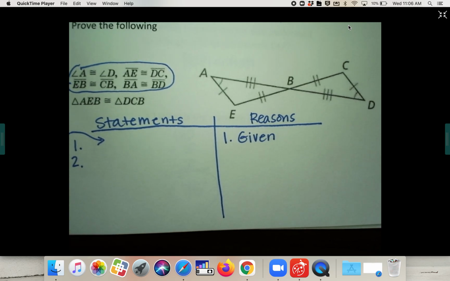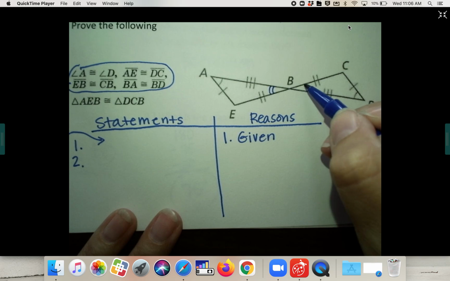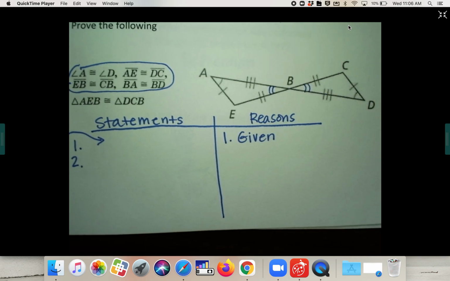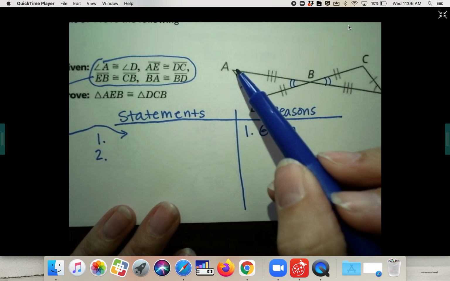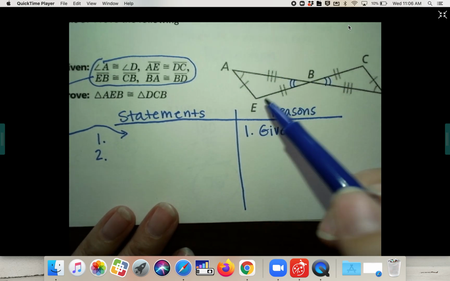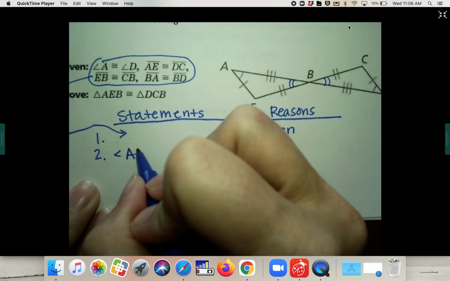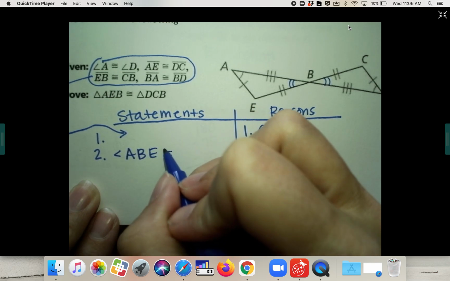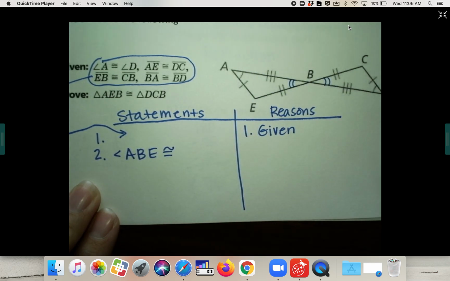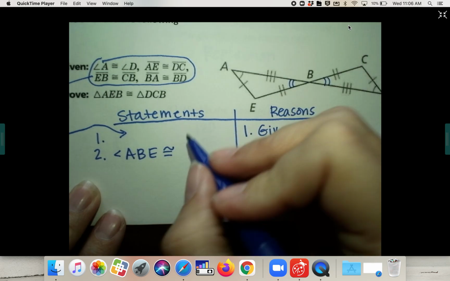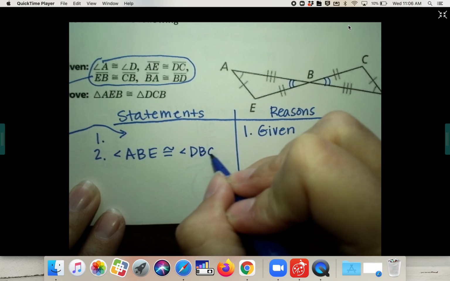The next thing we would do is notice that this is a vertical angle. So vertical angles are congruent. I would write next that angle ABE is congruent, you have to go in that same order, so the side that has 3 hash marks has to be first, to angle DBC.